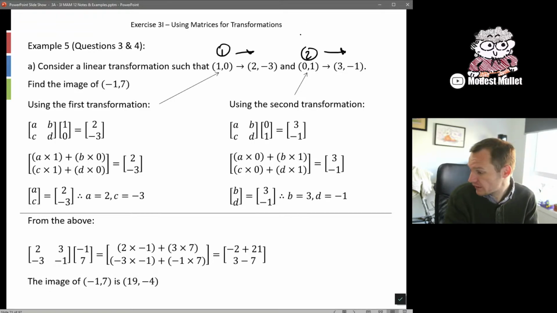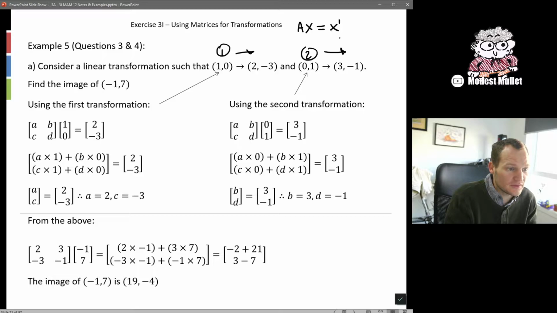So we're going with the concept that we have some transformation matrix A that we multiply by x, which is our old coordinate, and that gives us our new. So that is old, that is new. In this case, what we're trying to find is actually A. We don't know what that is. We want to try and find that transformation matrix.